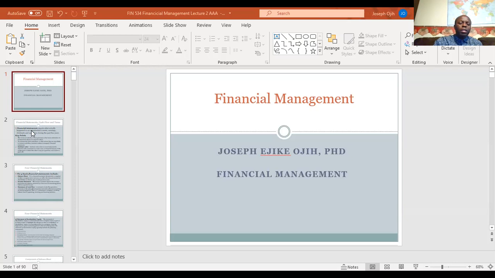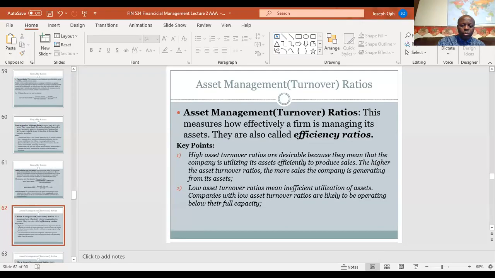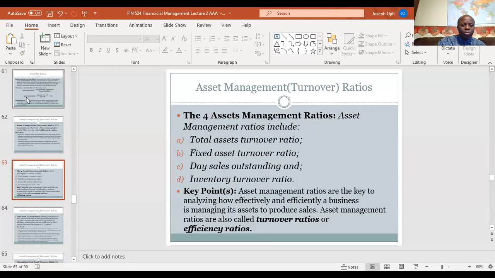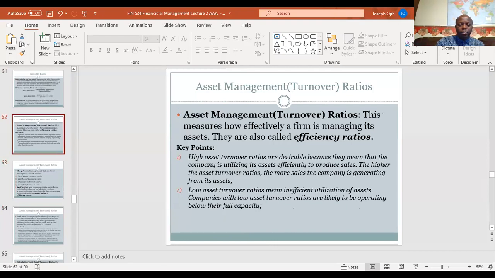Today we'll be focusing on a different type of ratio that we use to check the vital signs of the company to see if it's a good investment. The ratio we'll be working on this time is what we call the asset management ratio.